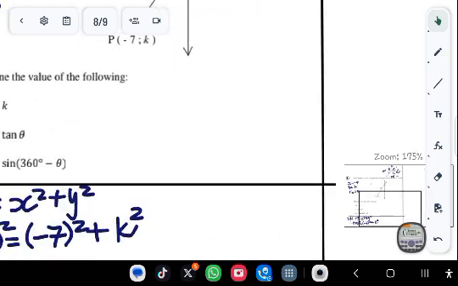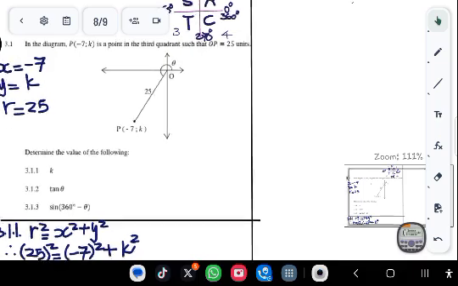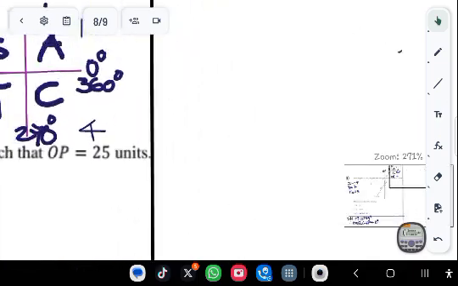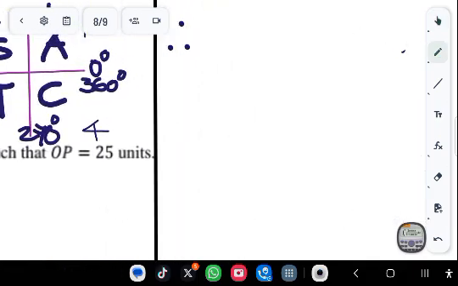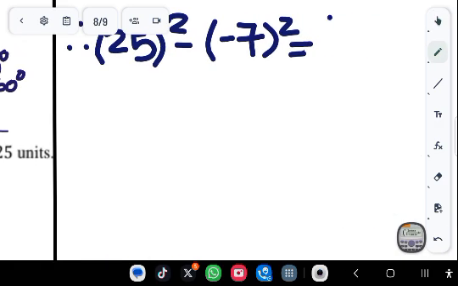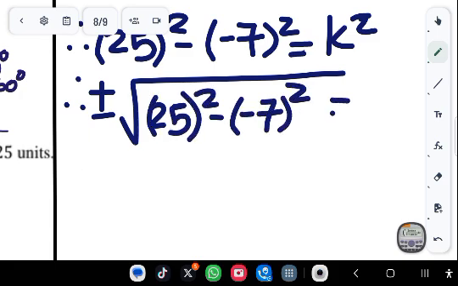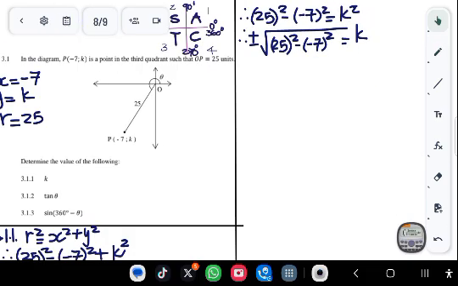Therefore k squared will be equal to 25 all squared minus negative 7 all squared. Therefore k is plus or minus the square root of that.